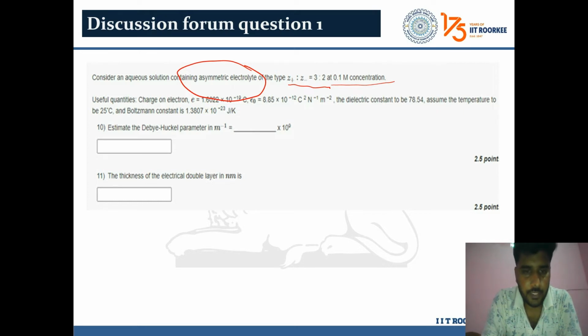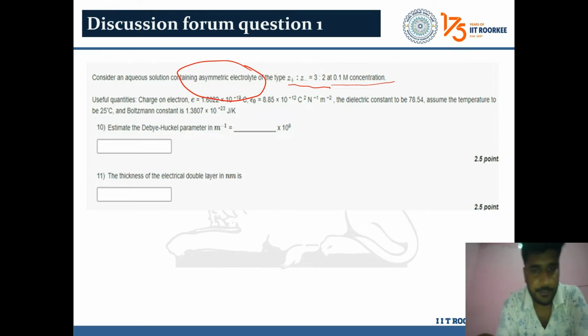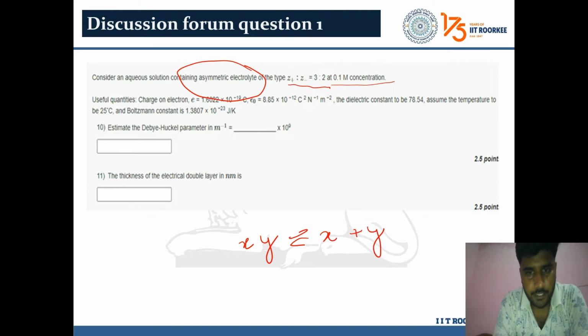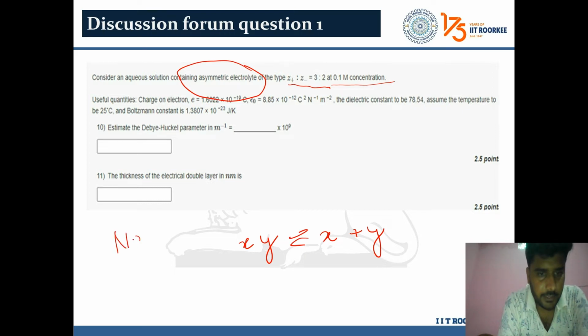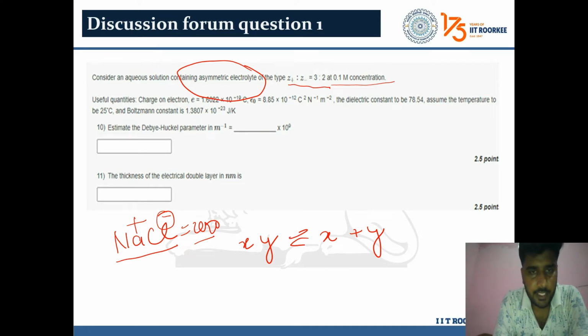Before solving this question, you have to find the molecular formula of that electrolyte. Let's say I write XY and dissociate it into X and Y. If we consider NaCl, the total charge is 0. Same in the case of an asymmetric electrolyte, you first have to neutralize the species.